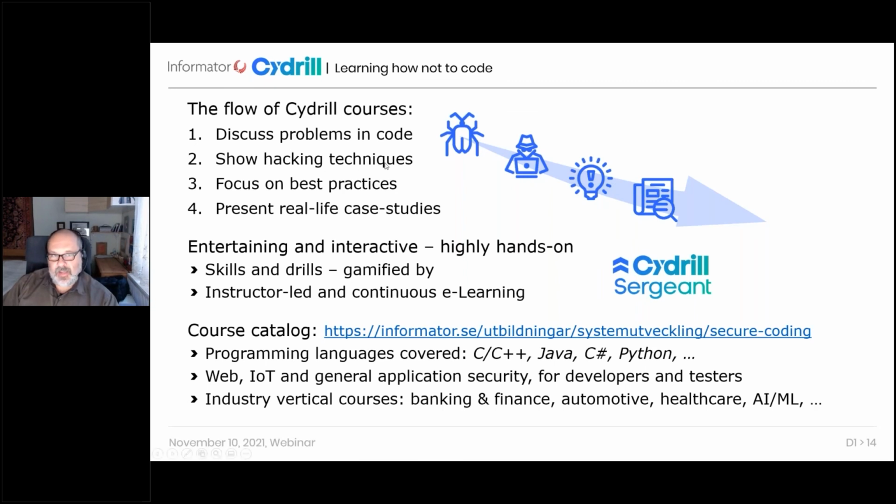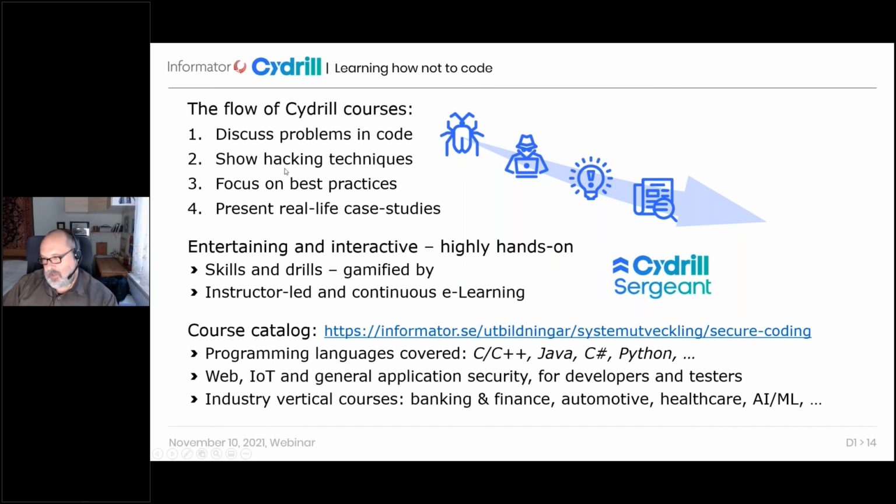So we show hacking techniques so that they are aware of the consequences, and then we focus, of course, on the best practices. We discuss in much more detail precondition testing, postcondition testing, big num libraries, template-based C++ libraries, and so on. Then we fix the code in most cases.